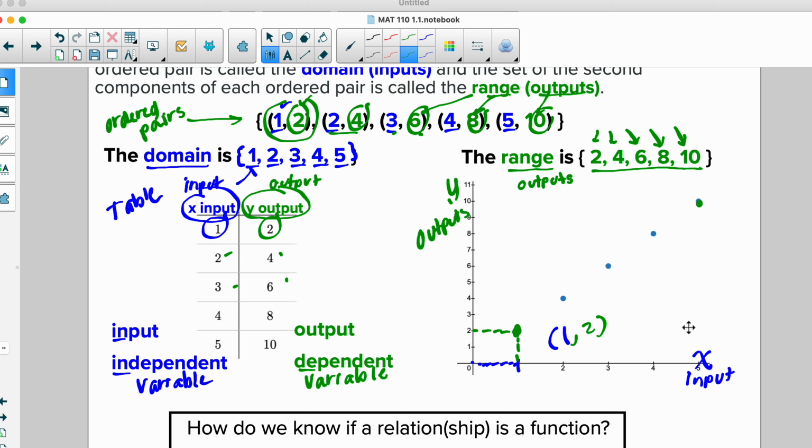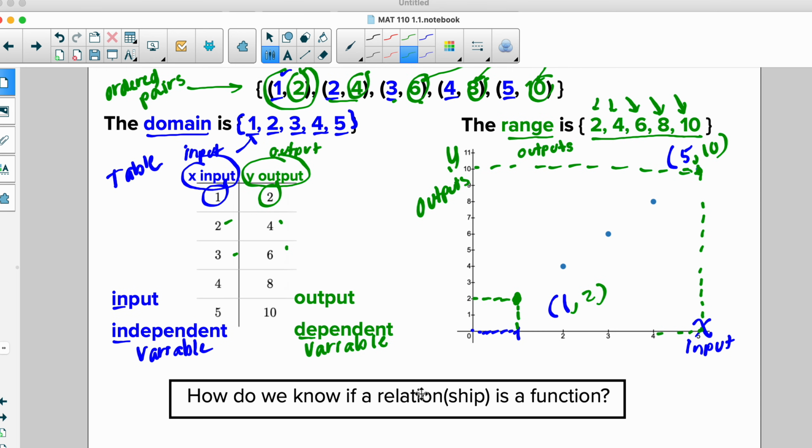If I look at this point, I come over, I'm going to input 5. I travel over to the output and I output 10. So I can write this as (5, 10). When I input 5, my output is 10.